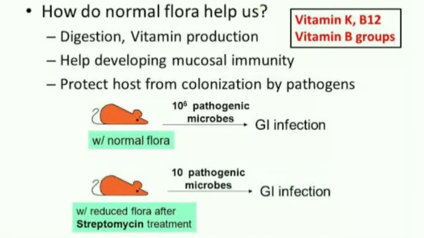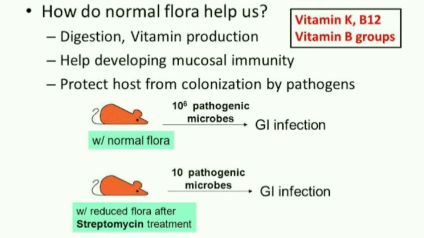Now let us look at the significance of normal flora. We know that in a human body, the normal flora is present in the gastrointestinal tract as well. Since these microorganisms are present in the gastrointestinal tract, they aid in the digestion of food.